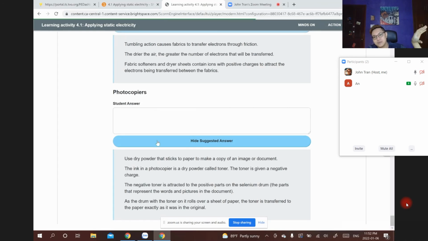The toner is basically when you take out from the printer that huge piece, it's called the toner, and inside of that you have ink particles. After a while of usage, you have to replace that, of course. The toner is given a negative charge.